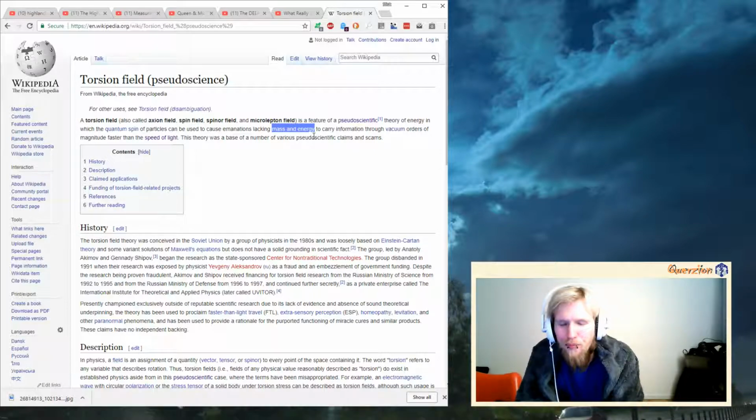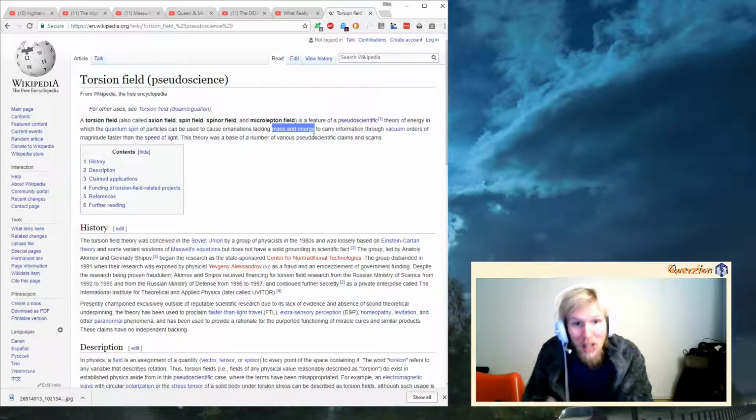I don't know if you can create a working torsion field synthetically through electronics and stuff like that. I have no idea if you can actually make one.